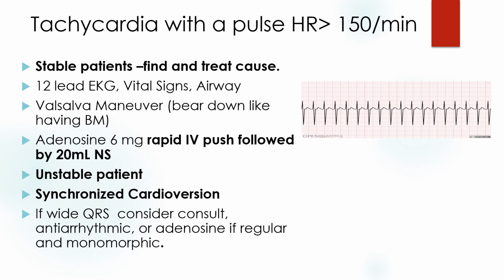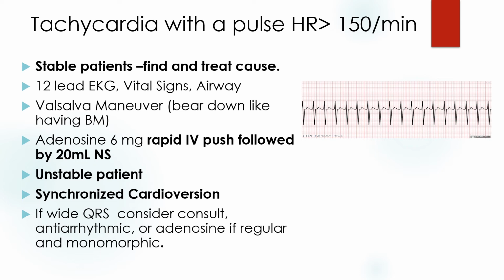So tachycardia with a pulse is a heart rate greater than 150. It's also called SVT. So stable patients, we're going to find and treat the cause. So this is stable as defined 2 slides ago. We're going to get a 12-lead EKG. We're going to take their vital signs. We're going to maintain their airway.